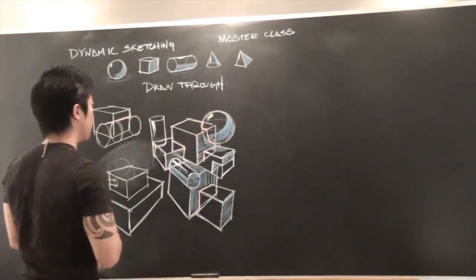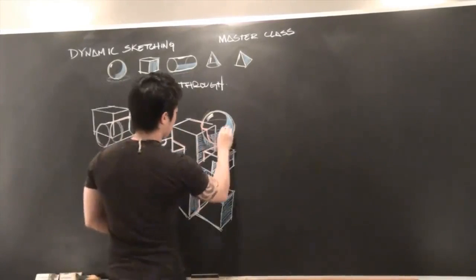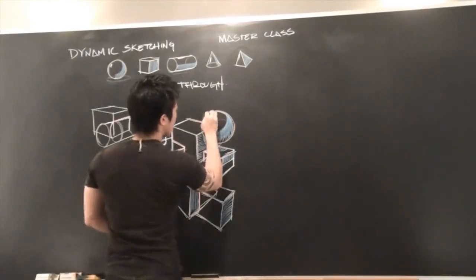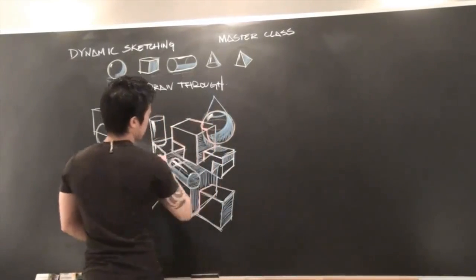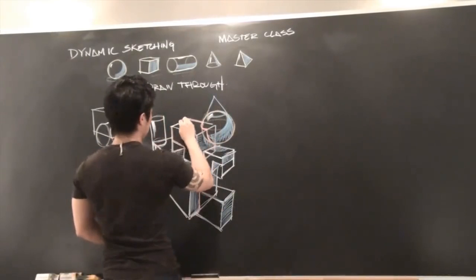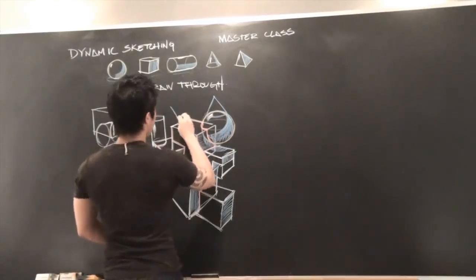Like I said, this one will be frustrating. Let's try to include a cone in here. Incorporate more of the other shapes.